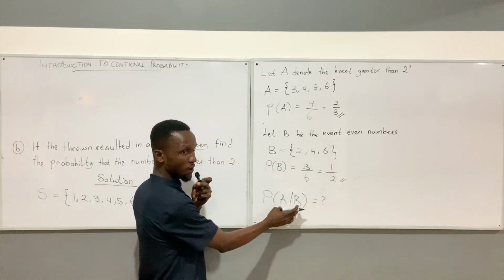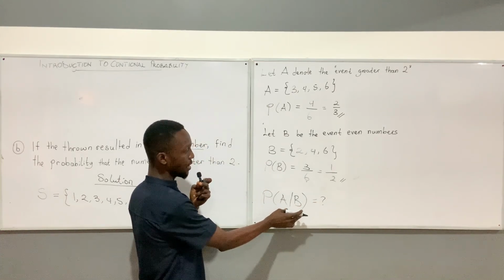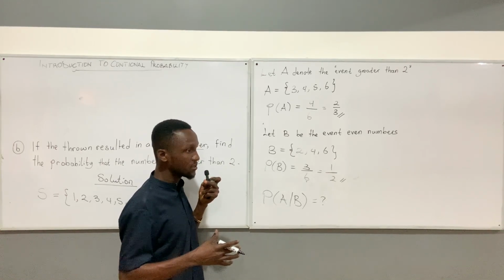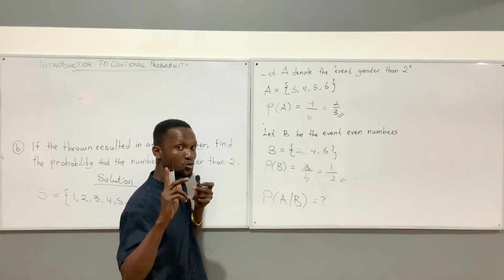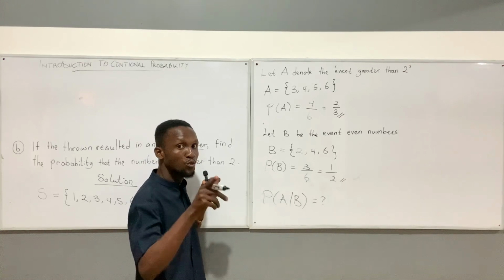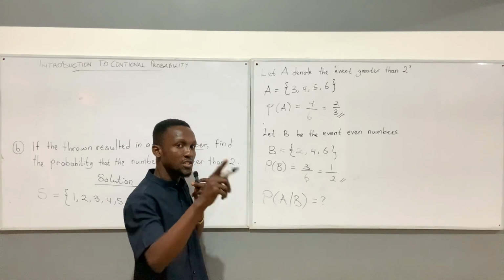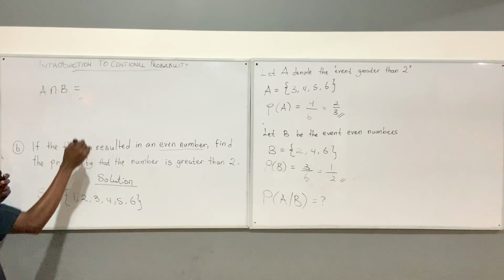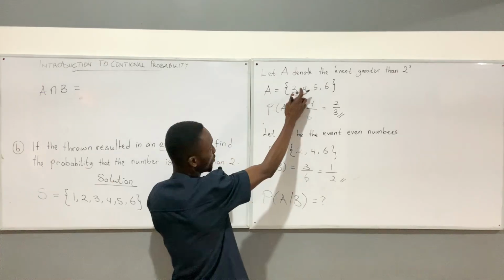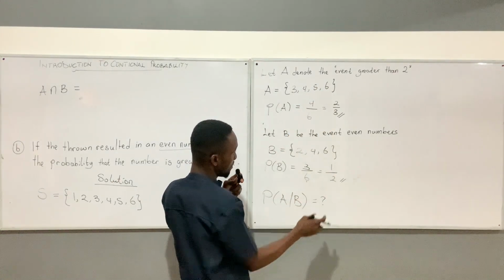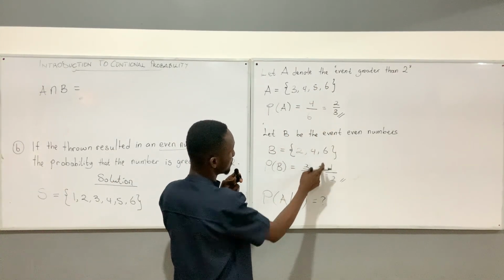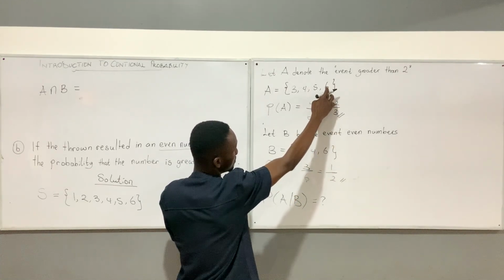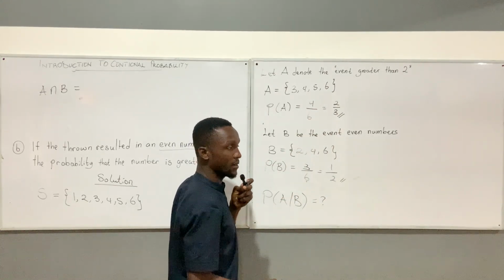Before we can find the conditional probability of A as B has occurred, we first need to find the event where A and B occurred together. So we have to look for A intersection B. Look at the values of A: 3, 4, 5, 6. The values of B: 2, 4, 6. So A intersection B gives us 4 and 6, because they occurred together.